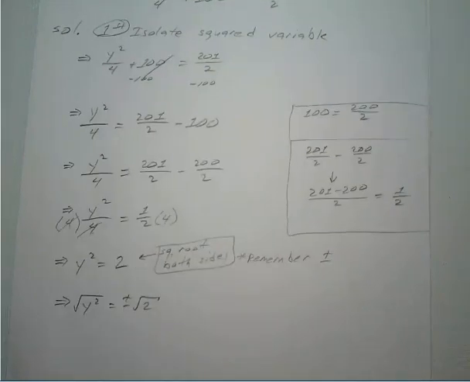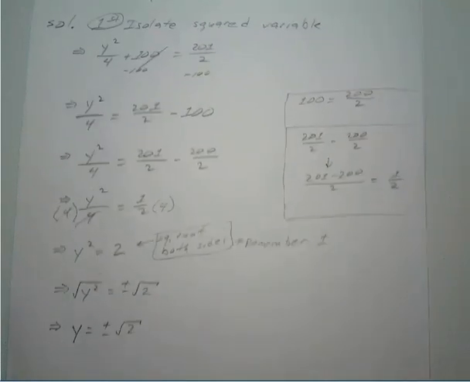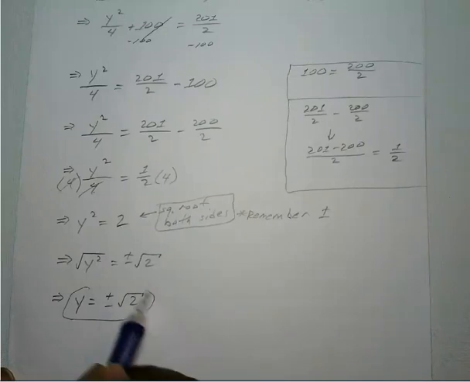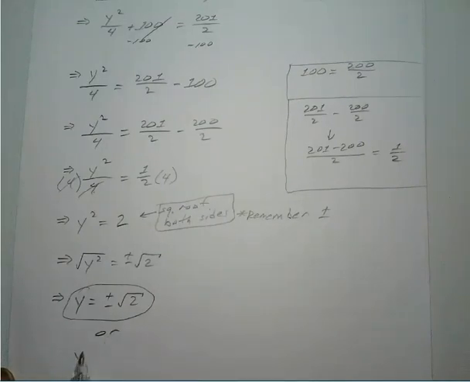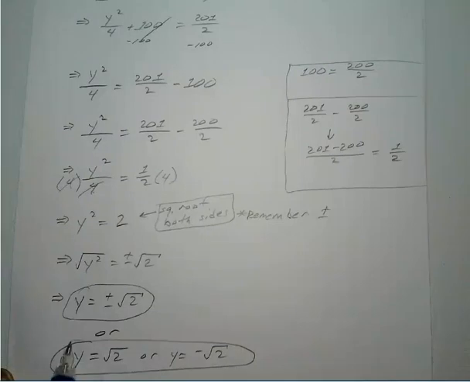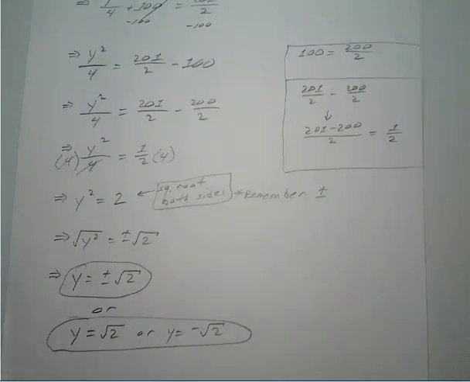Alright, so once again, our square and square root cancel each other out. So you have y equals plus or minus square root of 2, since the square root of 2 can't be simplified any more than that. So you can write it like this, or you can write it as y equals square root of 2, or y equals negative square root of 2. Okay, and either one of those would be your final answer.